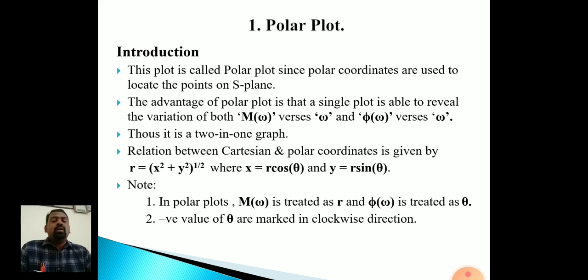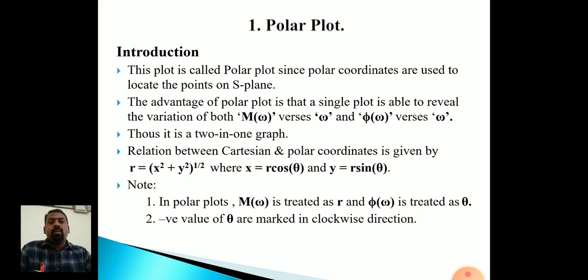In the Cartesian coordinate system, 360 degrees, we mark the angle from 0 to 360 anti-clockwise, that is first quadrant, second quadrant, third quadrant, fourth quadrant, 90 for each quadrant, hence 360 degrees. But in the polar plot we mark the angle in the clockwise direction, and those angles are negative in value: minus 90, minus 180, minus 270 and minus 360.